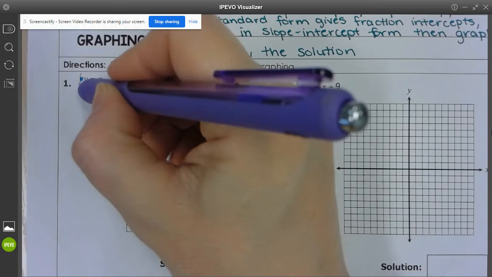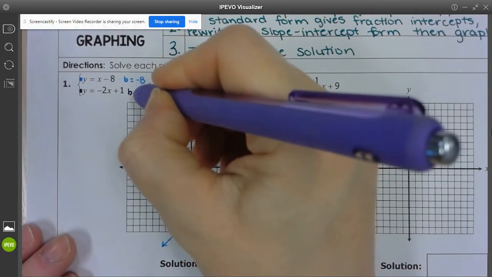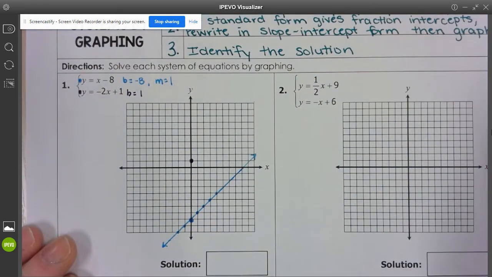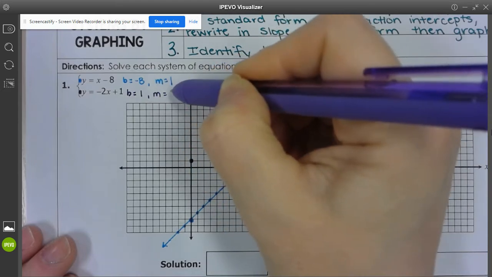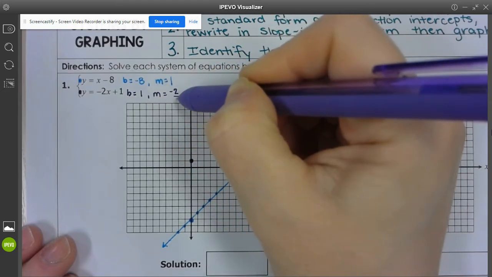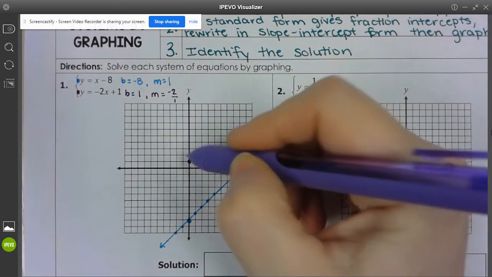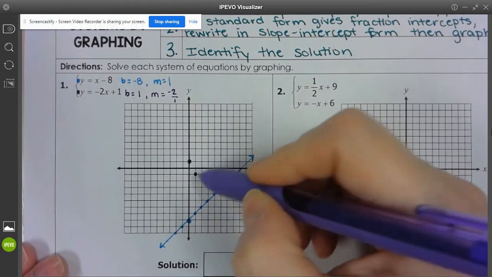I'm going to do my second graph in purple. My b value is 1, so I'm going to put a point at 1 there. My m value is -2, which is technically -2 over 1. Since the slope is negative, it's going in the opposite direction. So from here, I'm going down 2 and over 1.